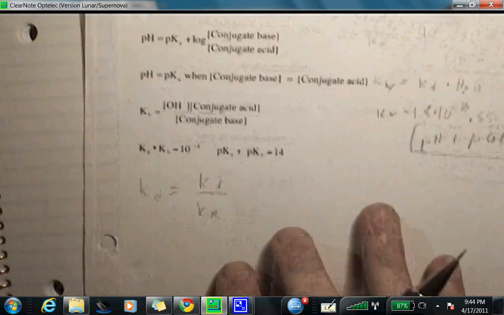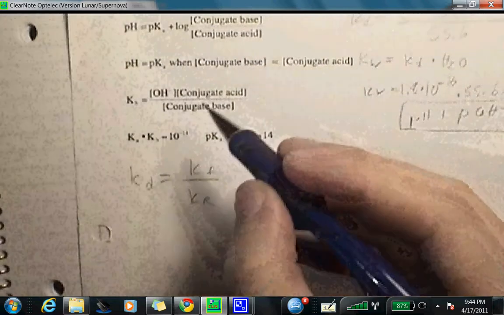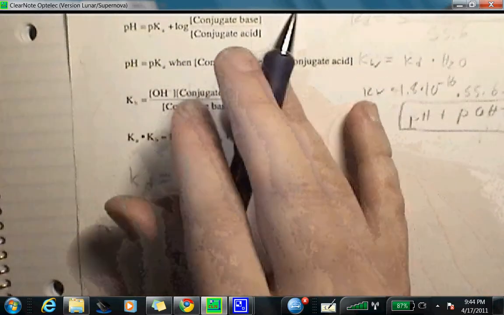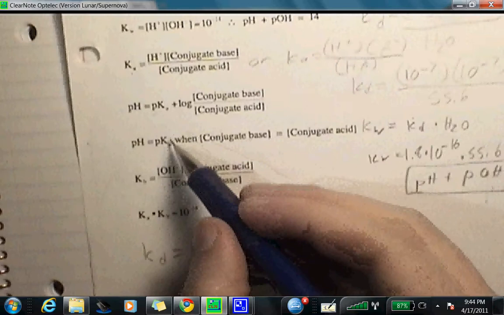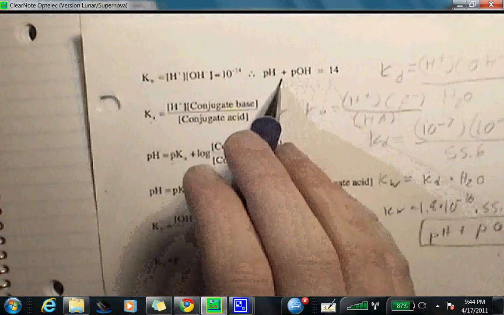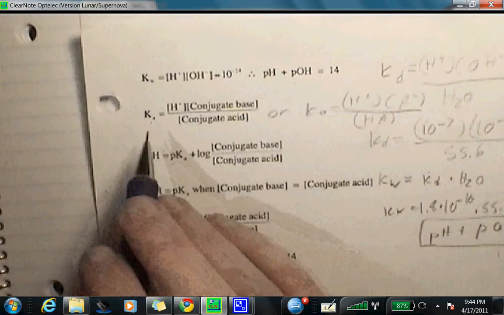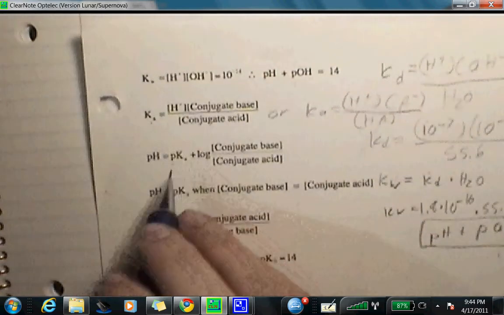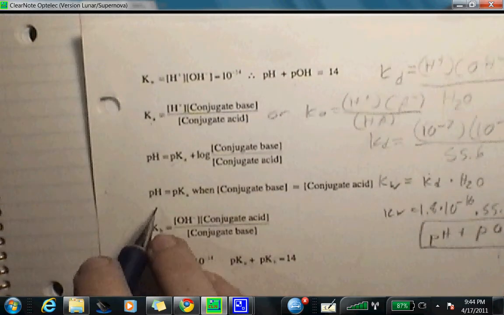I'm going to switch this around. So what I'm going to do is I'm first going to convert our pH into pOH, and then instead of using the Ka, I'm going to use the Kb, which is what is given.